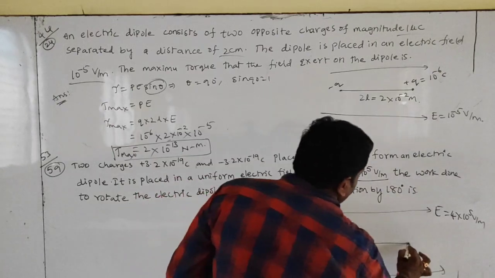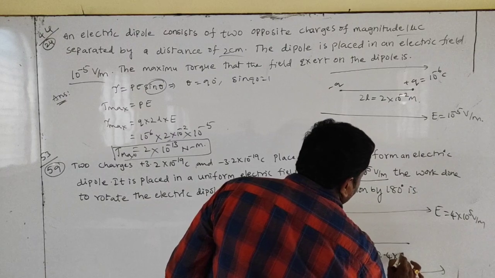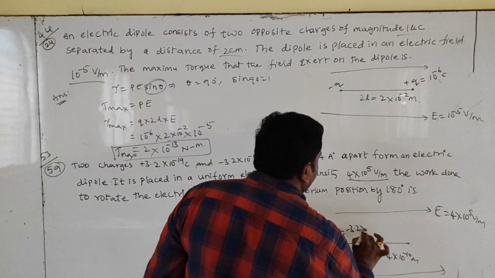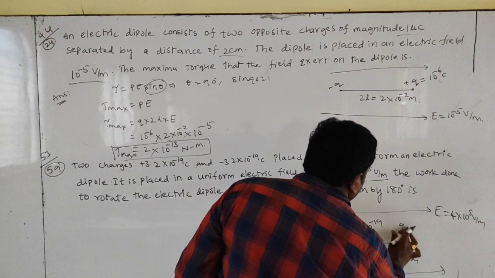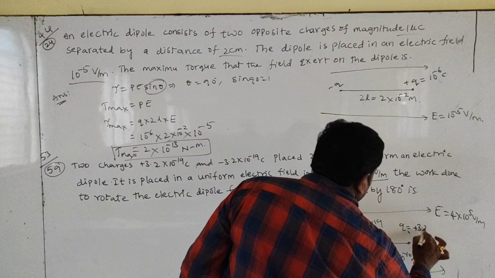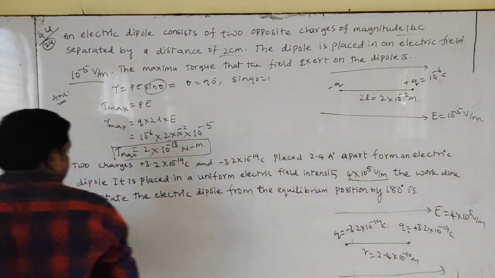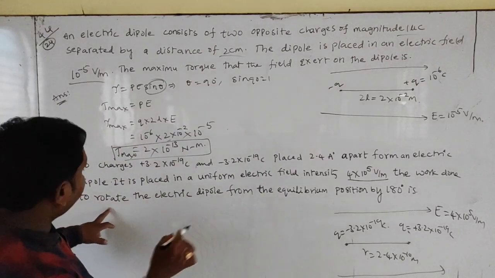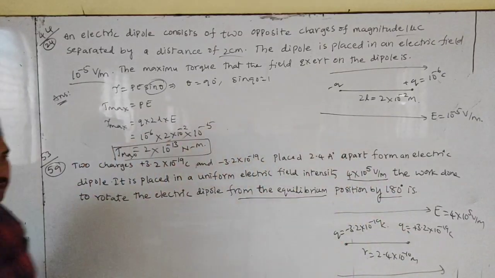So r equals 2.4 angstroms, Q equals minus 3.2 into 10 power minus 19 and plus 3.2 into 10 power minus 19 coulombs. Now what we have to find? The work done to rotate it from its equilibrium position through 180 degrees.